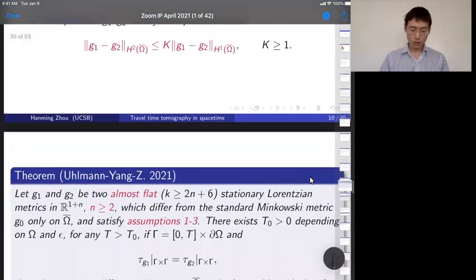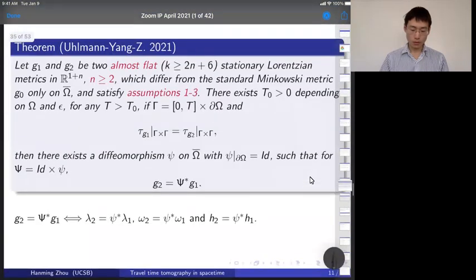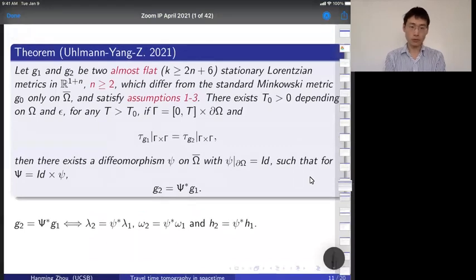With all these assumptions, we have the following theorem. It says that if you are given two almost flat stationary Lorentzian metrics, where the index K measures what almost flat means for the CK space, and the index K is bigger than or equal to 2n plus 6.